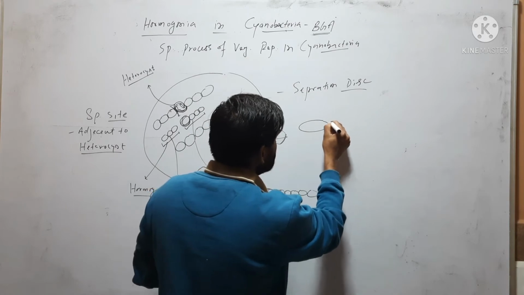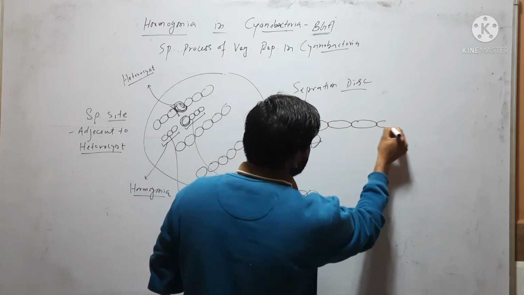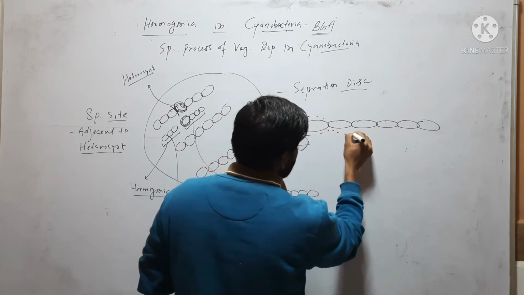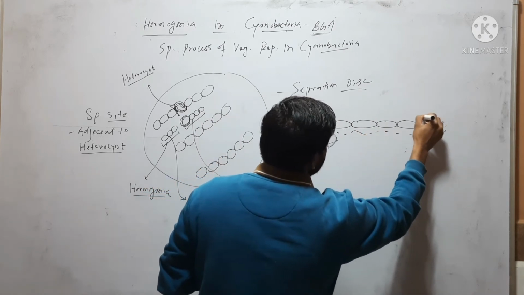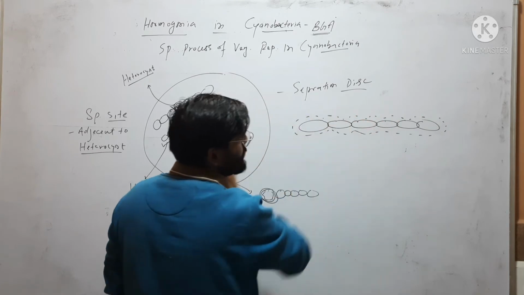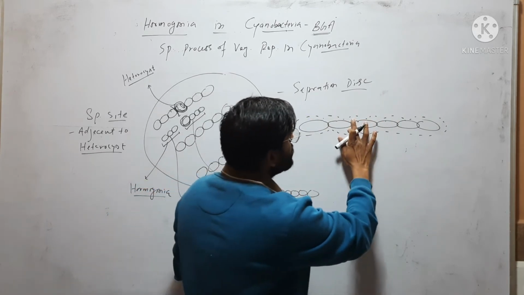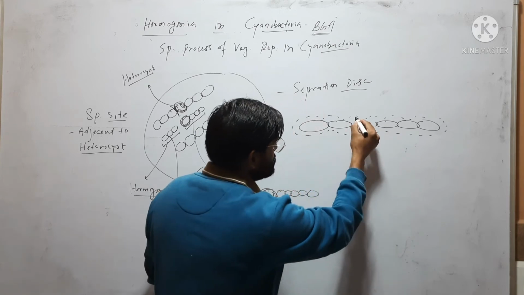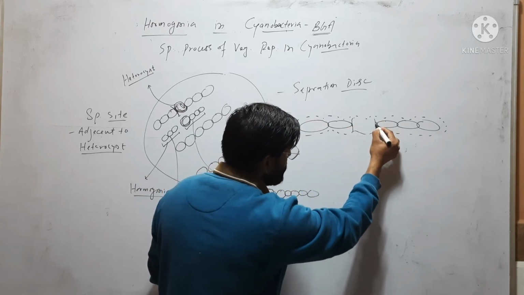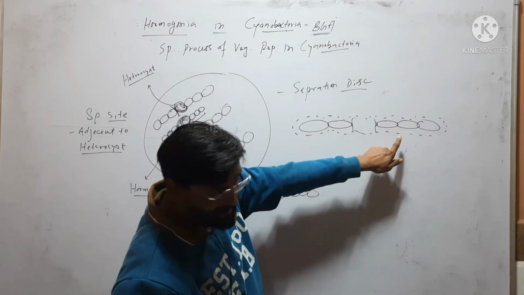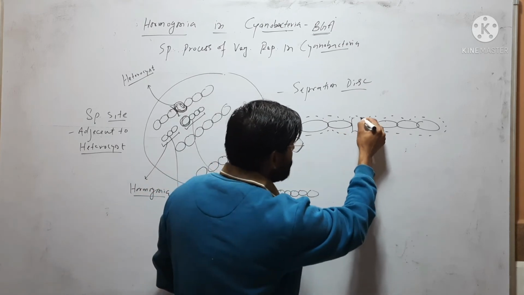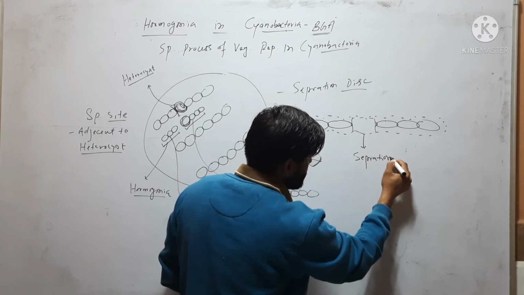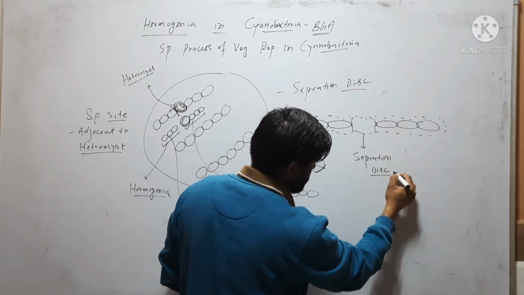Suppose this is a filament of nostoc, and around this filament there is a mucilaginous sheath or slime layer. So suppose this cell dies. So here a gap will arise between this cell and this cell. This gap is called a separation disc.